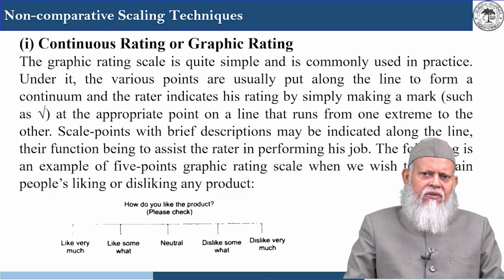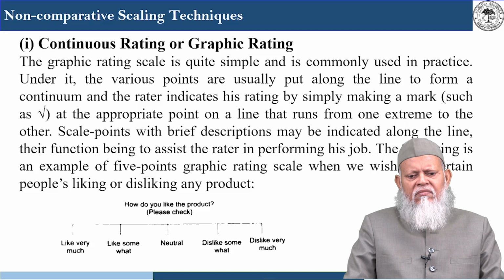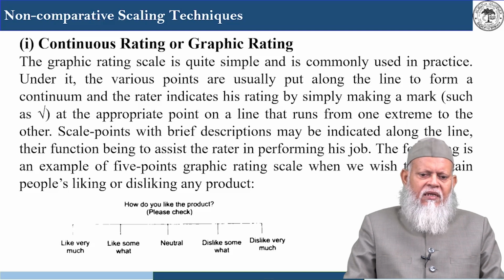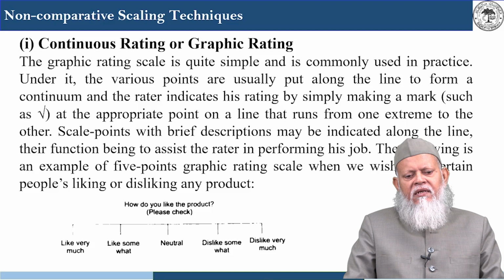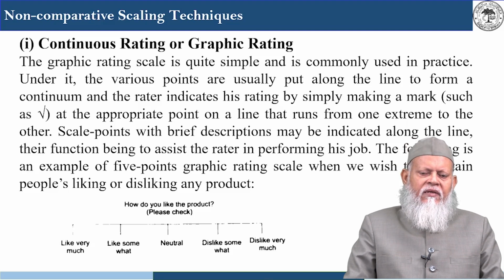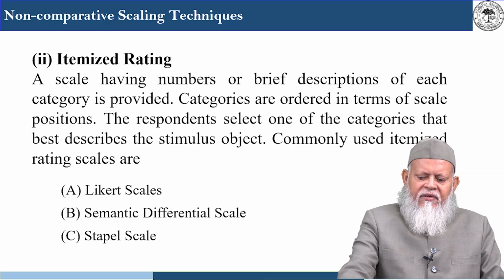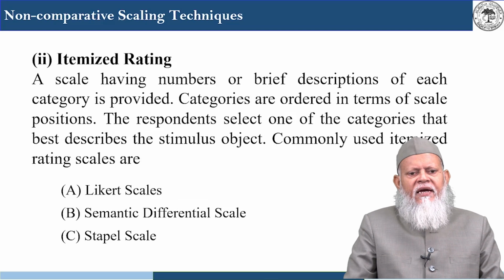And if he is neutral, he does not like or dislike, then his mark would be there. Similarly, his mark would be here if he likes it somewhat, and if he likes it very much, he would give his mark over there. And that way, this graphic rating scale is achieved.